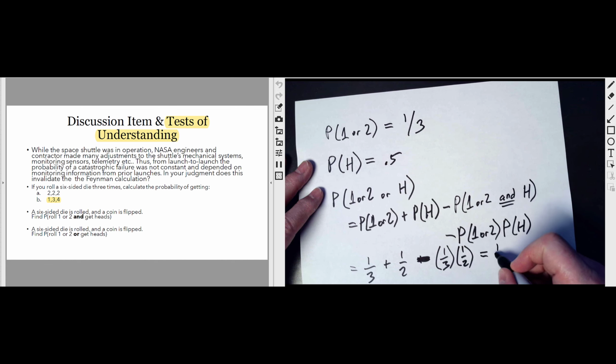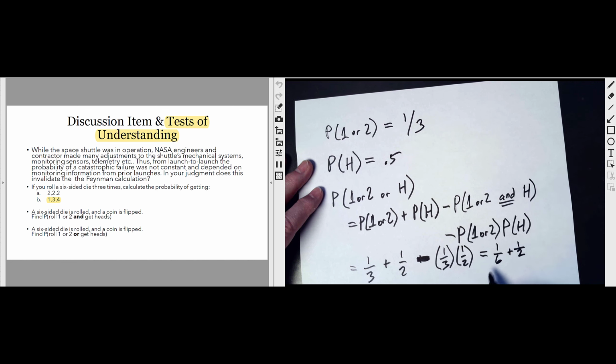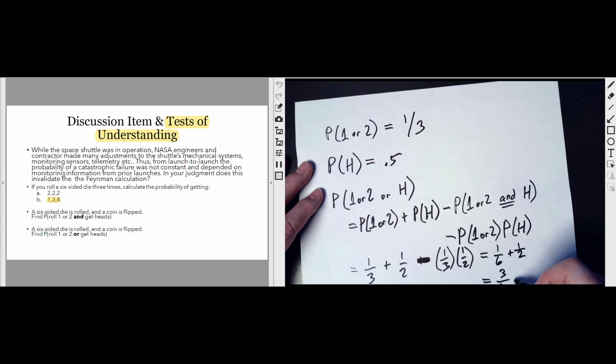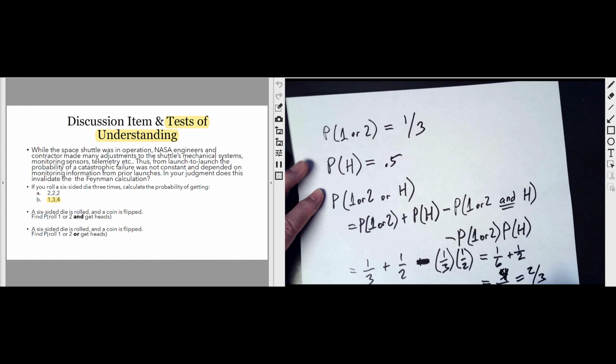I can't do simple arithmetic in my head. Okay, so this is going to be 2/3, right? Yeah, 2/3. So it's going to be 3/6. I'm sorry, 4/6. 1/6 plus 3/6 is 4/6, which is 2/3. All right, so we've got a 2/3 probability of either rolling a 1 or a 2 or getting heads when we flip our coin. Okay, there we go.